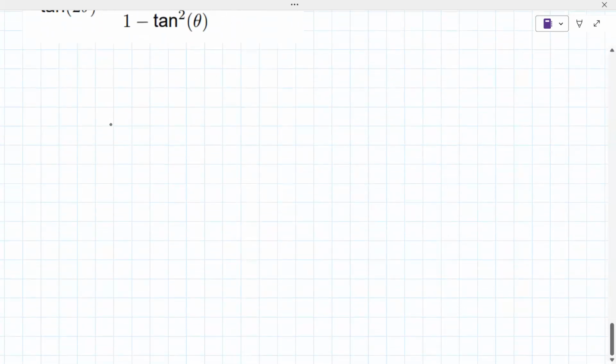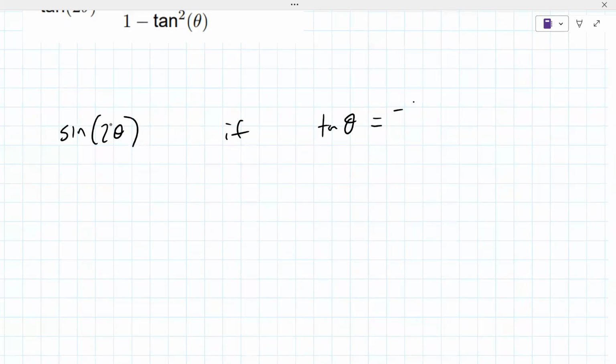It would tell you, figure out the sine of 2 theta if tangent of theta equals -5/12 and 90 less than theta less than 180. These are kind of the same types of problems that we just did, except we're doing them with double angle formulas. So you're going to have to draw that reference triangle.